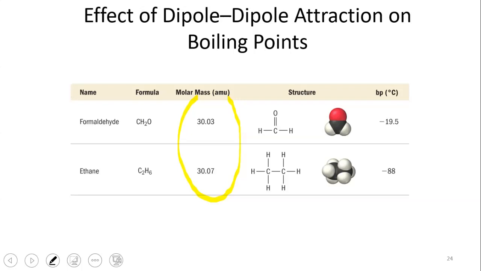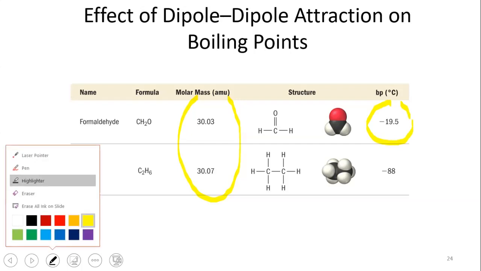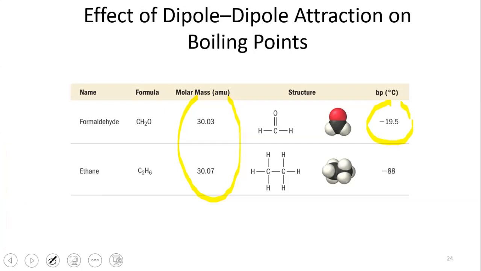However, what is interesting is that although both of these are low, notice that the boiling point of formaldehyde is quite higher than the boiling point of ethane. Now, what is the difference between these two molecules? Well, you can see here, if you look at the molecule of formaldehyde, that there is a dipole running through the molecule towards the oxygen.